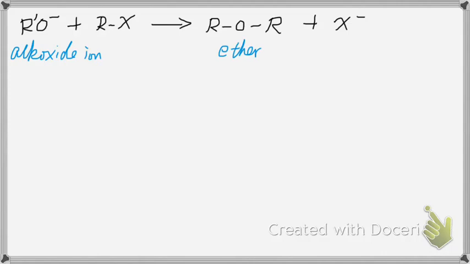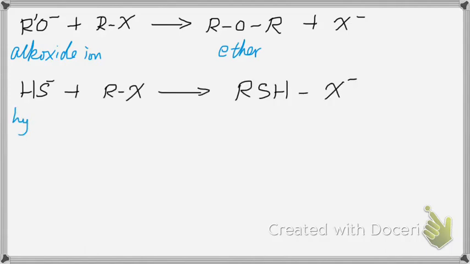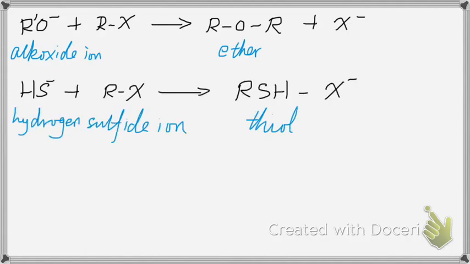So when we have alkoxide as a nucleophile, ether is the product. The second example, if we have HS minus, hydrogen sulfide ion, as a nucleophile, it can replace X to give a thiol, RSH. A thiol is a sulfur analog of an alcohol.